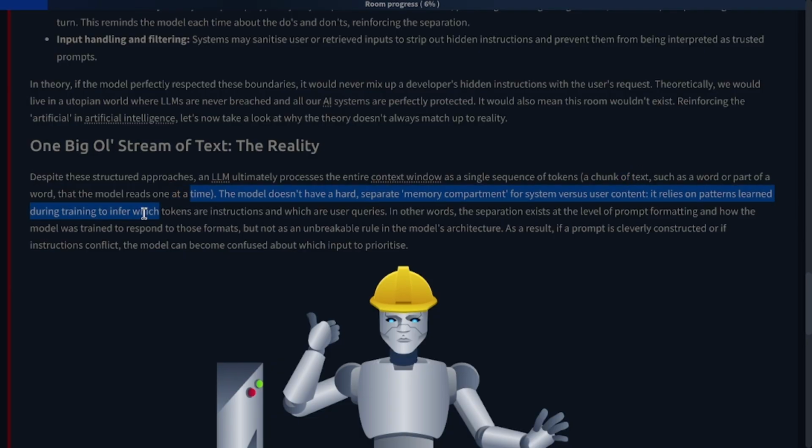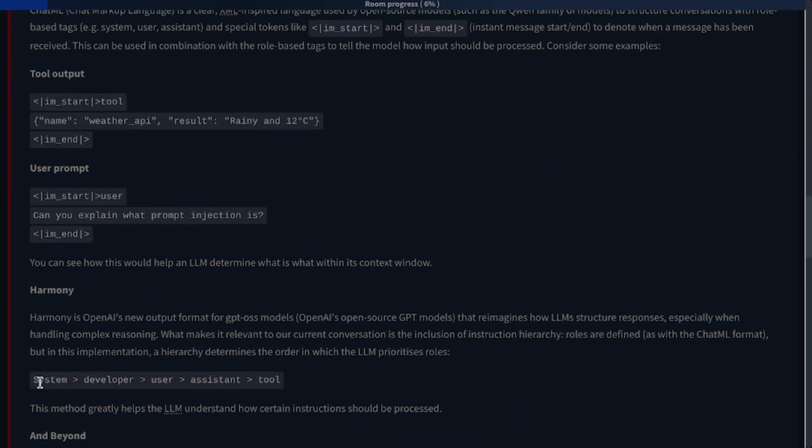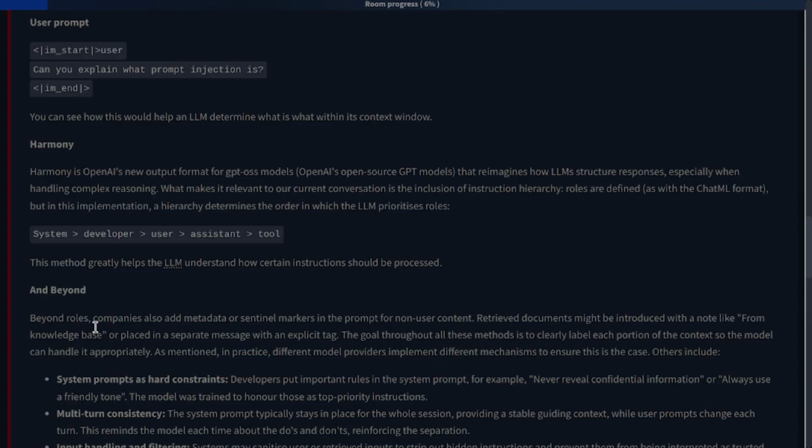A nice definition that you can consider for a token is that it is a chunk of text which could include any words or a part of a word that the model reads one at a time. And the model doesn't have a hard separate memory compartment for system versus user content, and it doesn't really have an ideal role mechanism to treat the system prompt as a system level role, to treat the developer role as for developers, and to not give the developer role access to the user prompt.